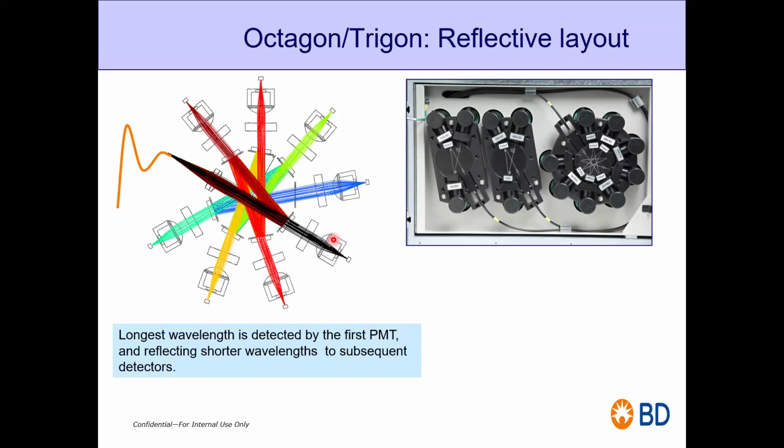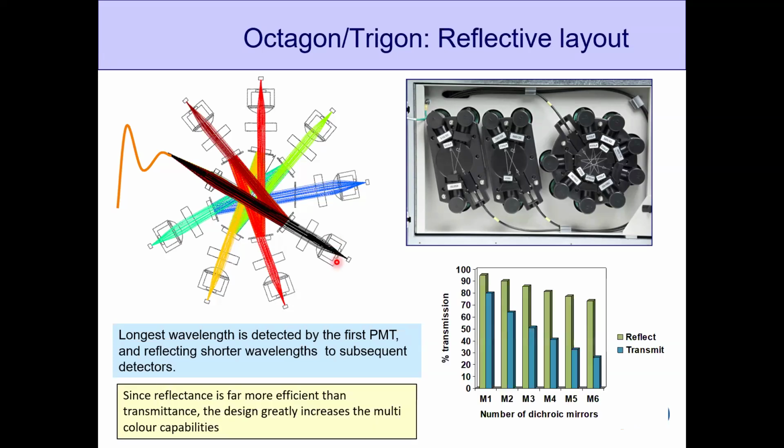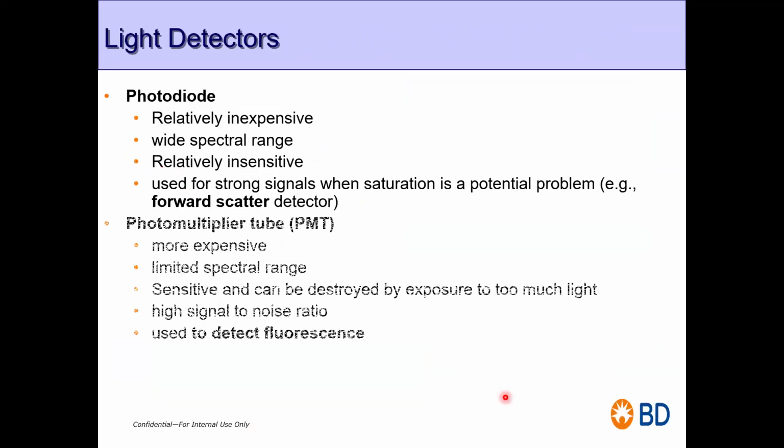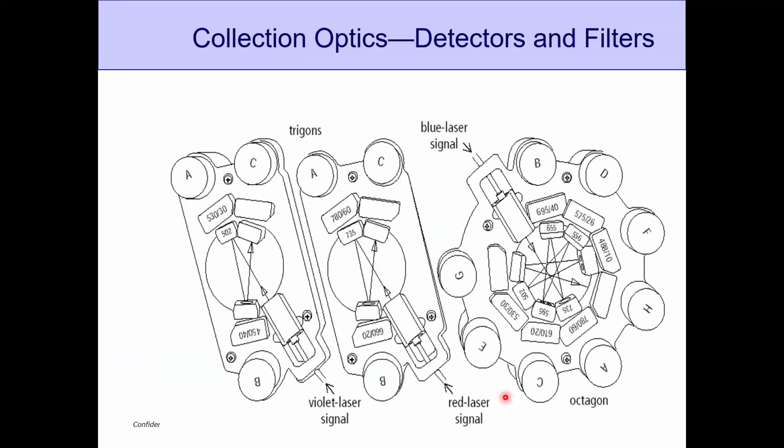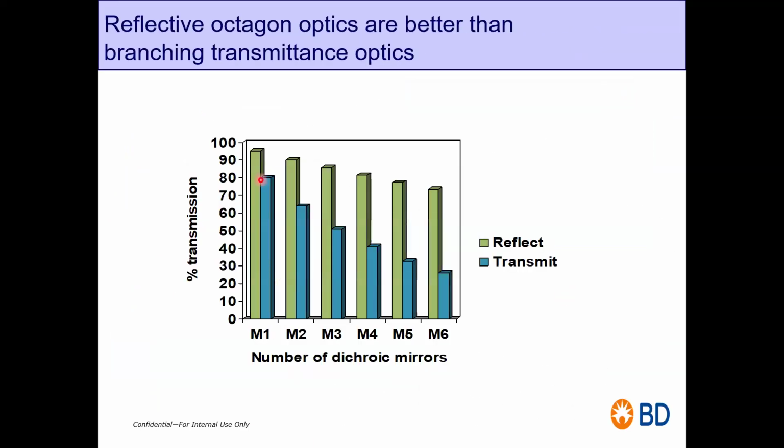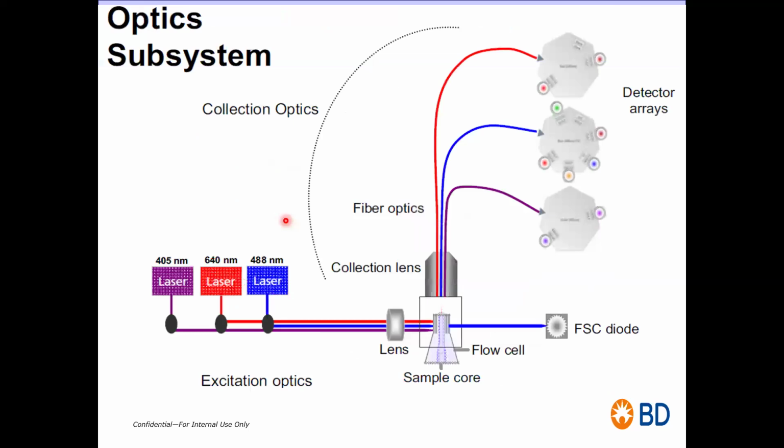But even if they are using the APD detectors, it's still not good enough, because it still works on transmittance. If you see this data, there was a study done, I think from BD itself, that showed that reflectance works better than transmittance. And now let's talk about what reflectance means.